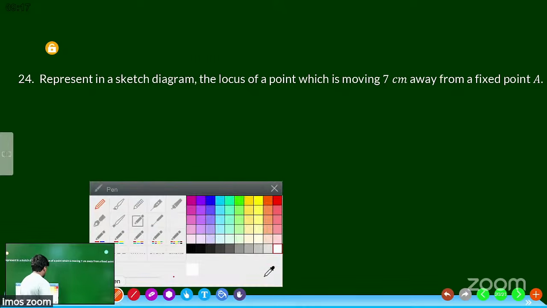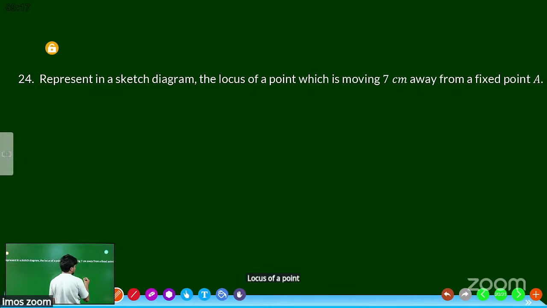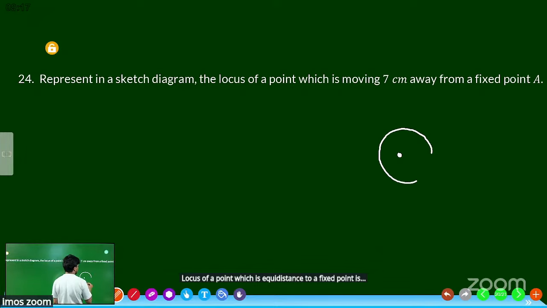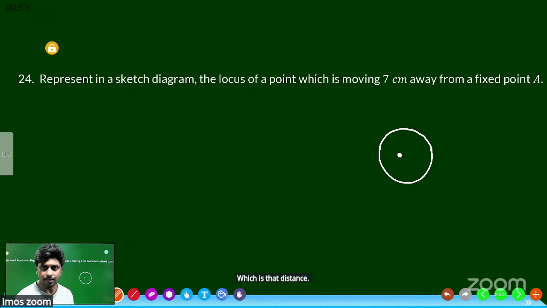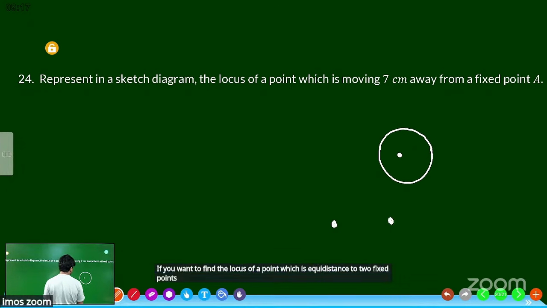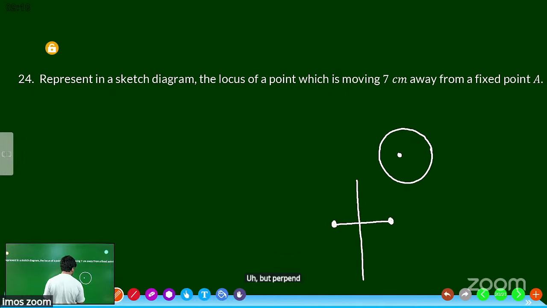The locus of a point which is equidistant from a fixed point is a circle, where that distance is the radius and that fixed point is the center. The locus of a point equidistant from two fixed points is the perpendicular bisector of the line joining the two fixed points.